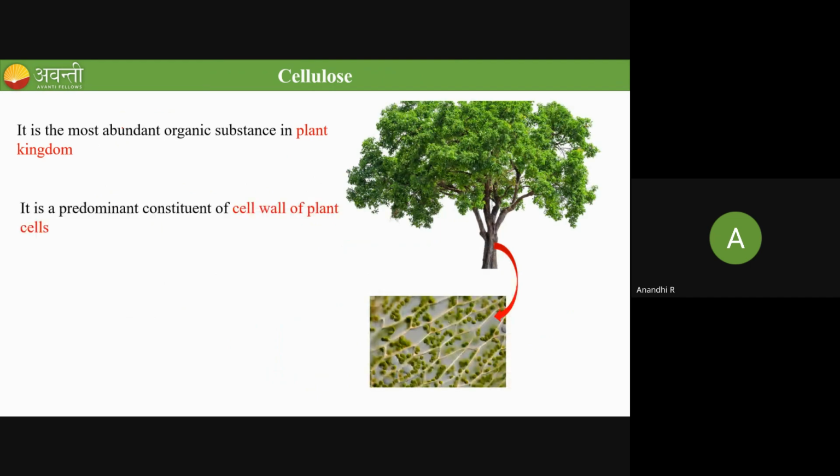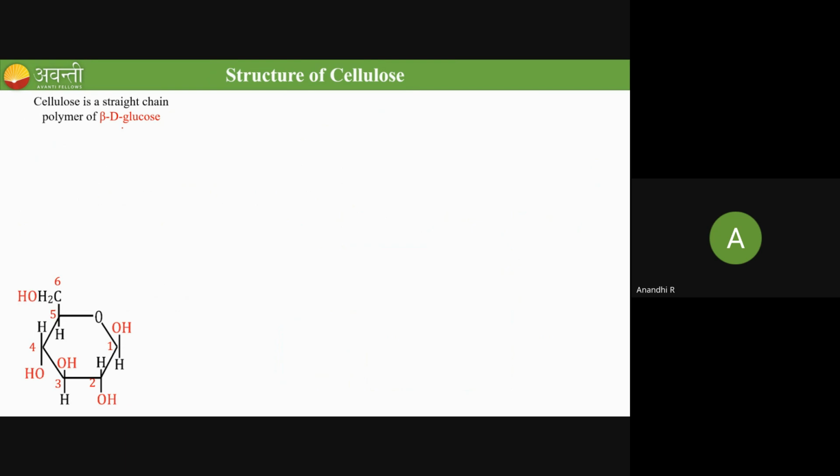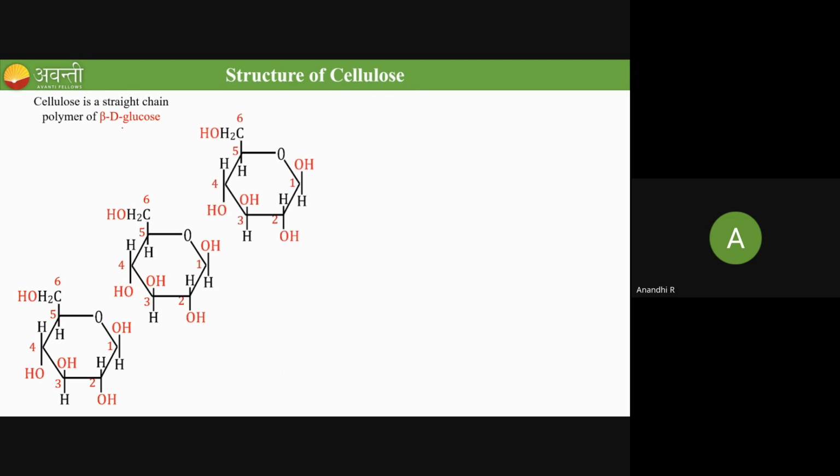Cellulose is a predominant constituent of the cell wall of plant cells, and it is a straight chain polymer of beta D glucose. This is the structure of beta D glucose, where you can see the OH attached to the first carbon in the top position.